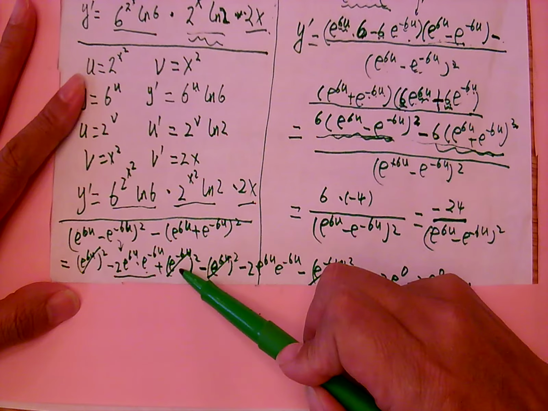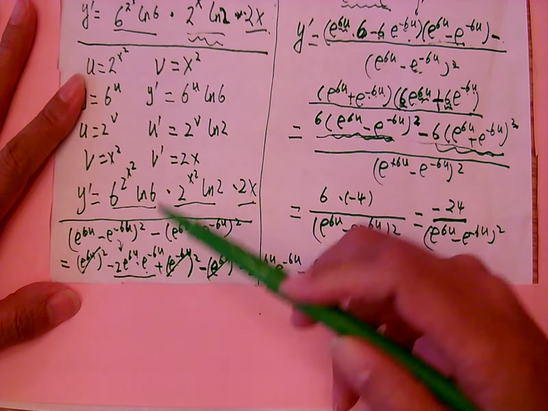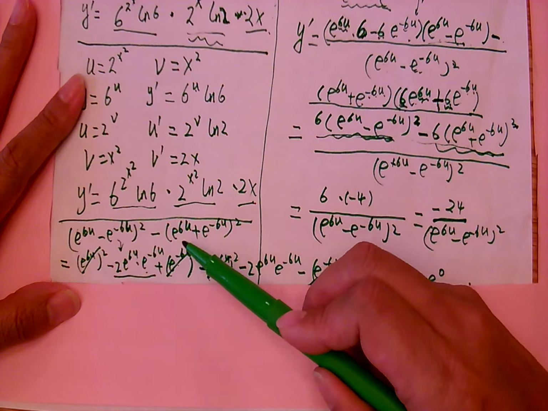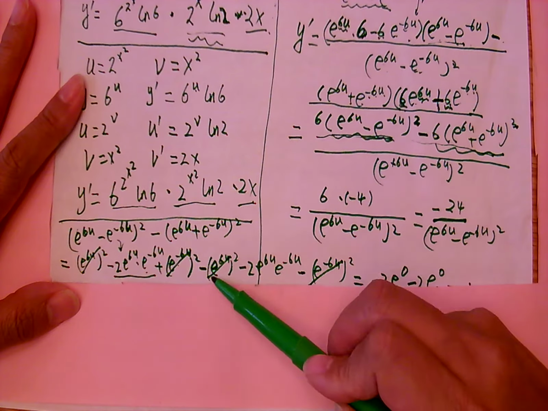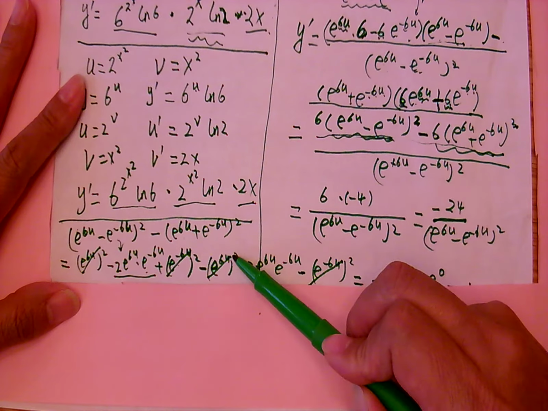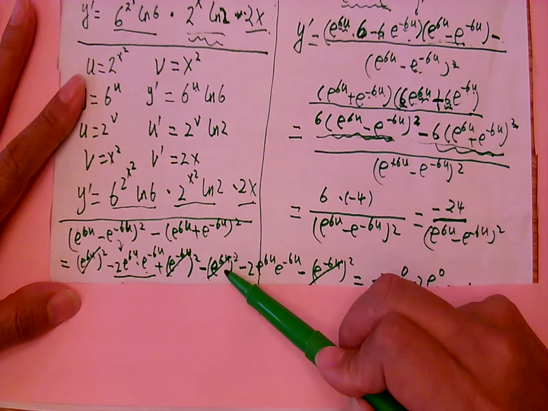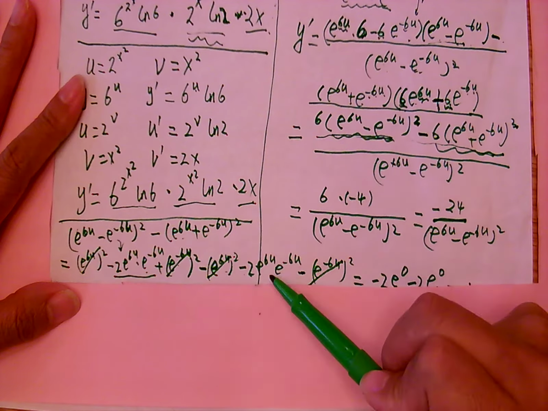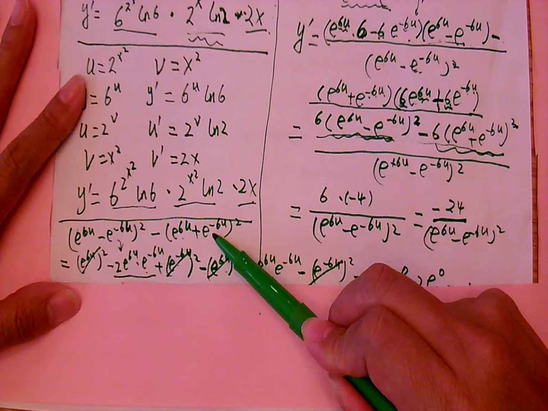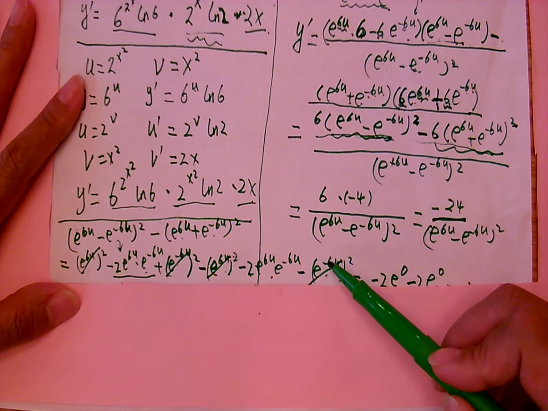And since this is minus, this is a perfect square, so each term becomes negative. And it becomes first term square minus 2 first term times the second term, minus this second term square. Look at this, and this cancels out, this and this cancel out.